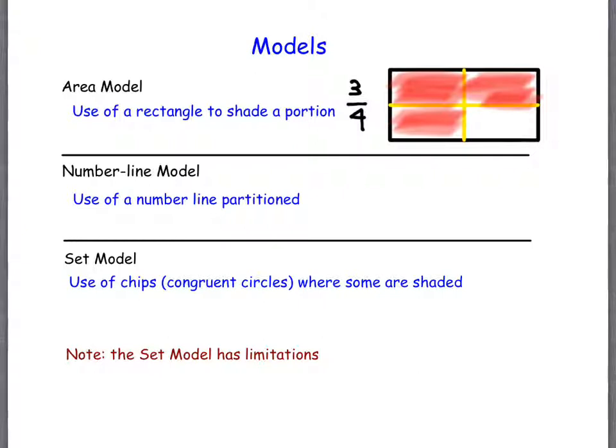All right, so a number line model is another model that demonstrates this very well. For the number line model, we'll use that same example of 3 over 4. If I have a line set up where I start at 0 and I end at 1, then I can split it in half, I can split it into fourths, and the number 3 over 4 would be a portion of the way between 0 and 1.